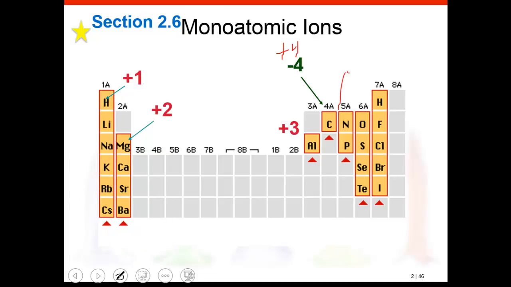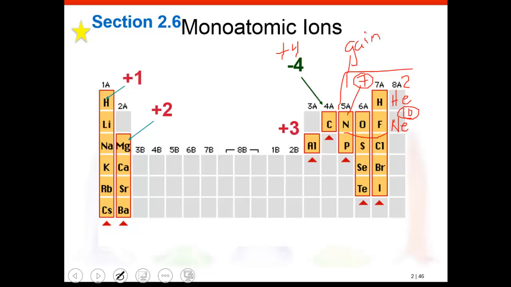Now after you get past group 4, now we're closer to being like a noble gas. We have element number 10 here. So if we look at nitrogen, it's element number 7. And so here we have our helium, which we were dealing with before. If nitrogen wants to become like neon, we have 7 electrons in nitrogen, 10 in neon. It only needs to gain 3 electrons.